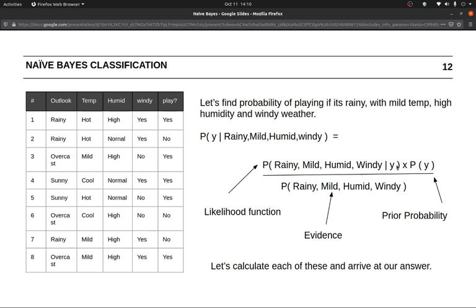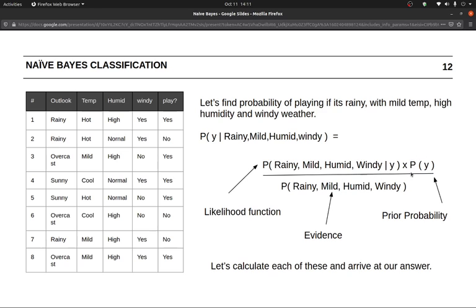So given us playing, what is the probability of it being rainy, it being mild temperature that day, the day being highly humid and windy, times probability of y over probability of the day being rainy, probability of temperature being mild, probability of humidity being high, probability of the day being windy.